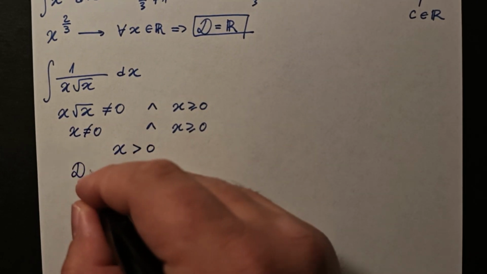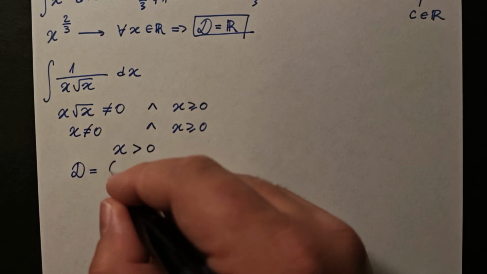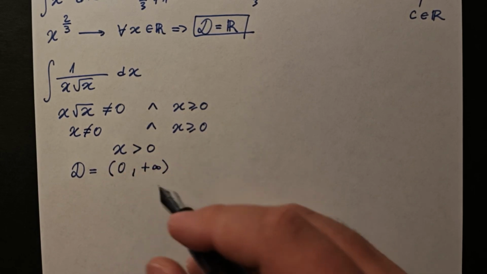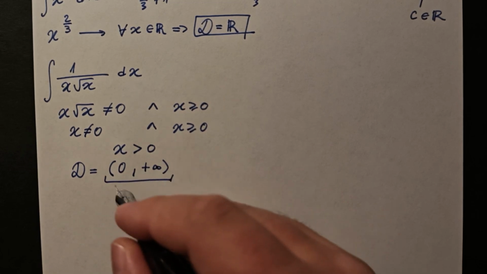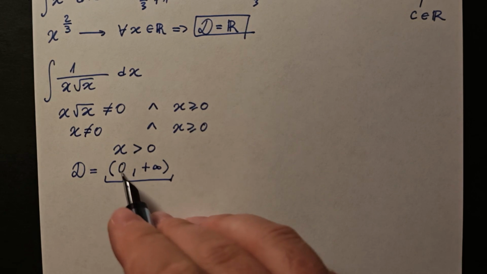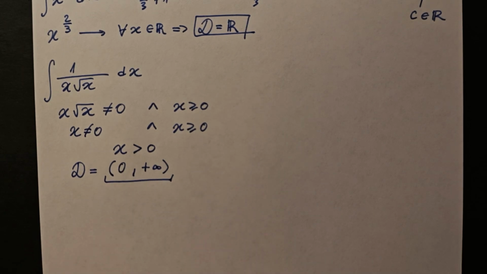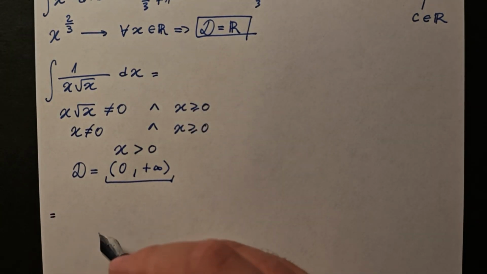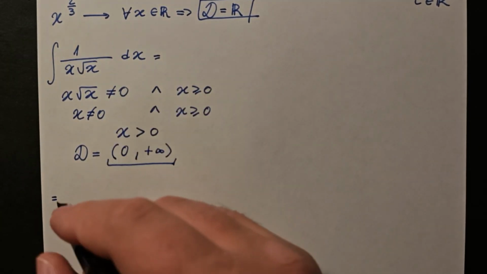So the area in which this integral is defined is a set from 0 to positive infinity. This is an open interval from 0 to positive infinity. It does not include this number 0. So let's now solve this integral which we have started from. We can transform this integral.